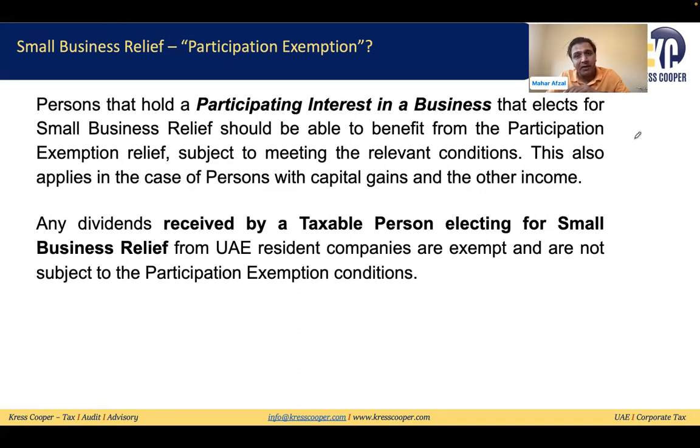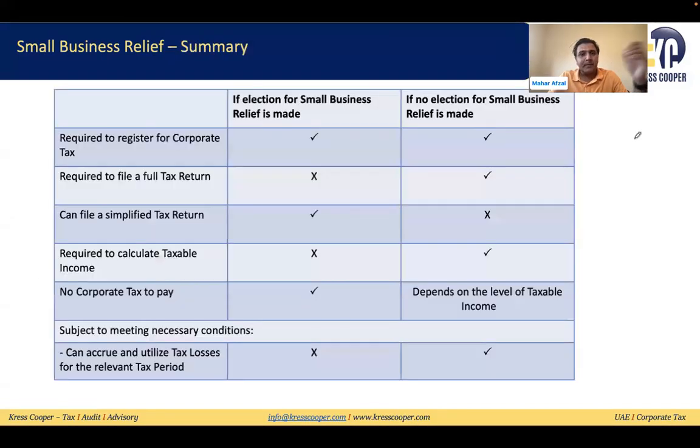Since the resident person itself is subject to tax, whatever is the income of the resident person, that income will be considered as an exempt income, which is being given in the form of dividend to any other person who has participative interest in the business that opted for the small business relief. I believe everybody is clear on this.